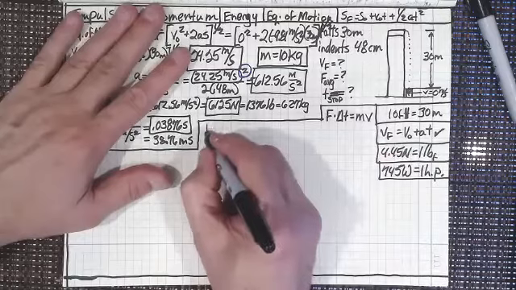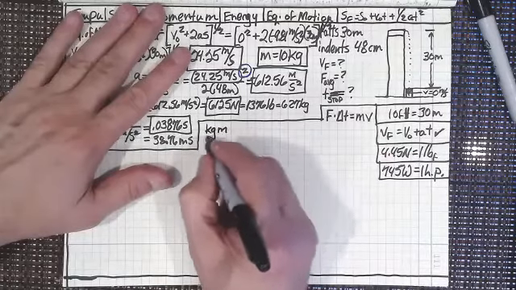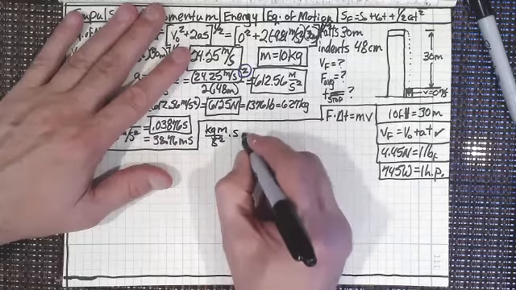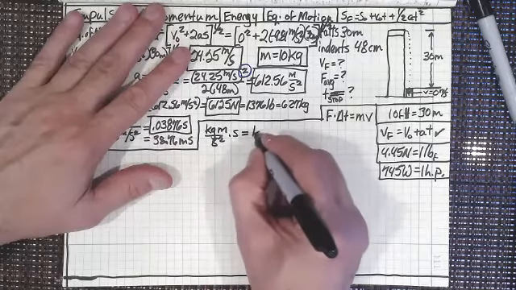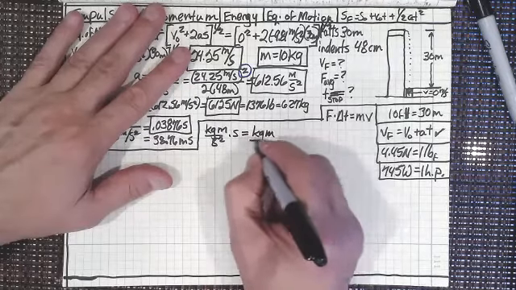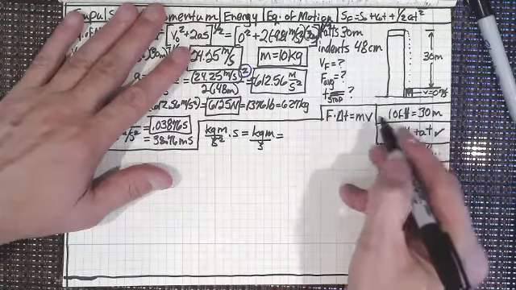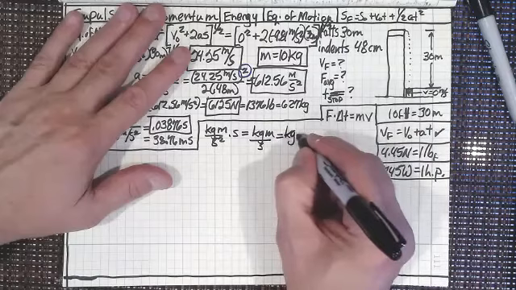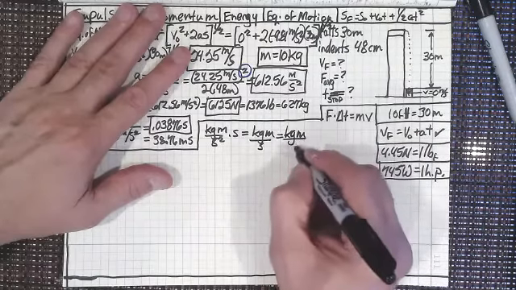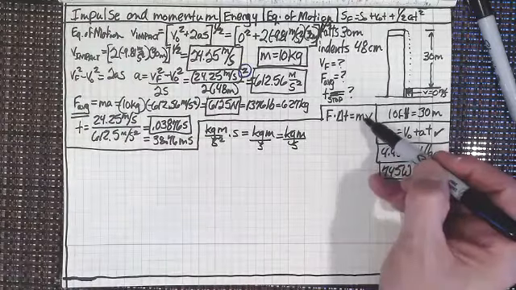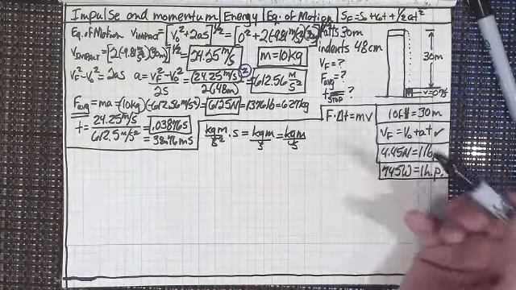Well, force is a kilogram meter per second squared, and time is a second. So that gives me a kilogram meter per second. And mass times velocity would be a kilogram meter per second. See how those work out and how F times delta t equals m times v?